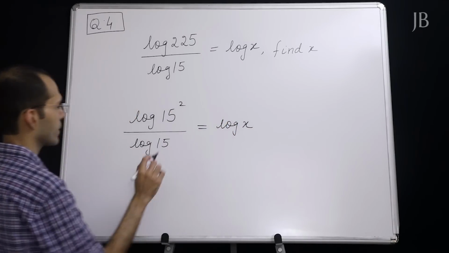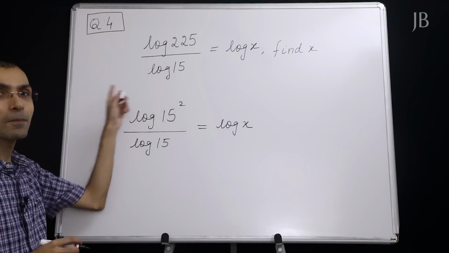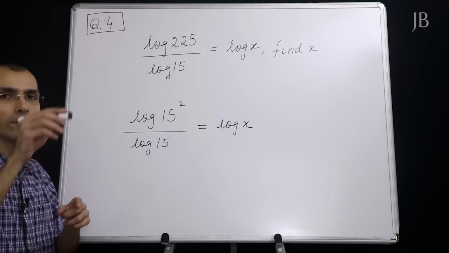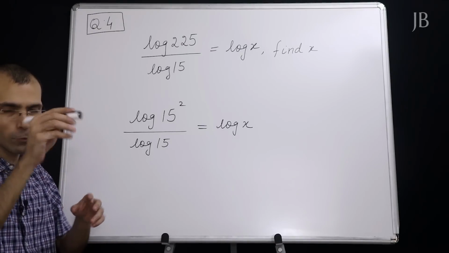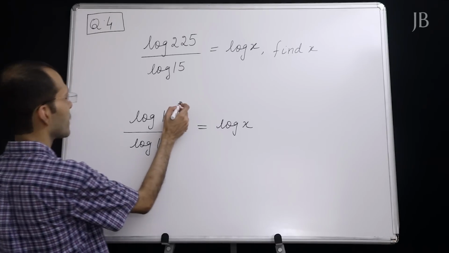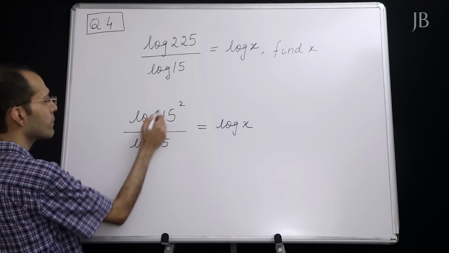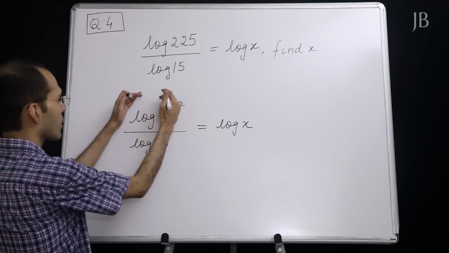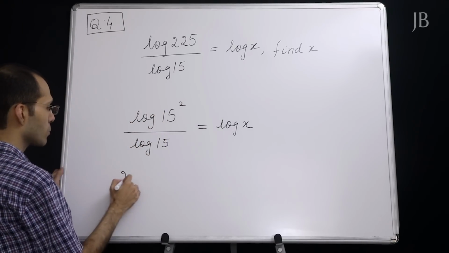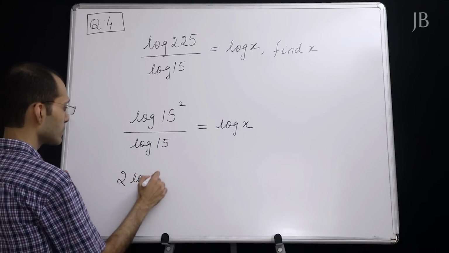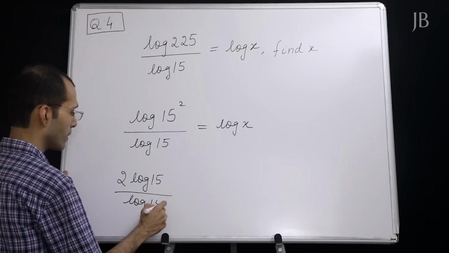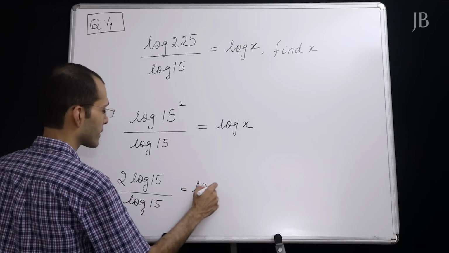Now the power will become the coefficient. Law number 3: log a raised to b will be b log a. Power becomes the coefficient. So here the power is meant only for this 15, not for full log 15. So this will become 2 log 15 upon log 15 is equal to log x.